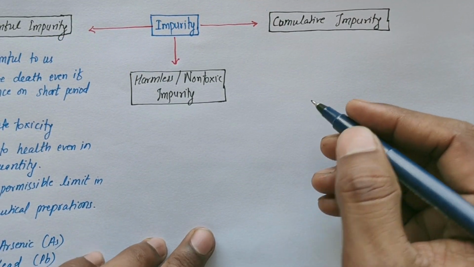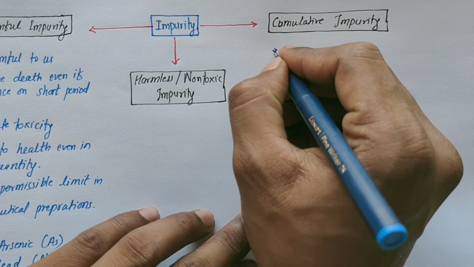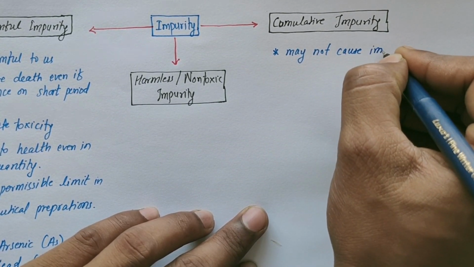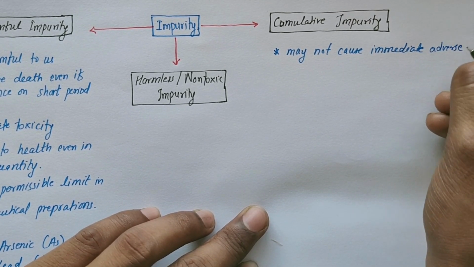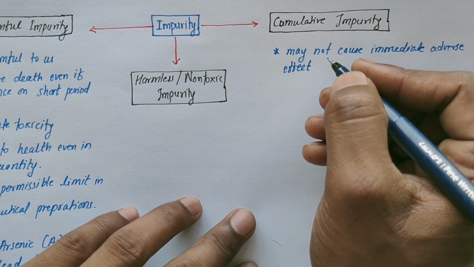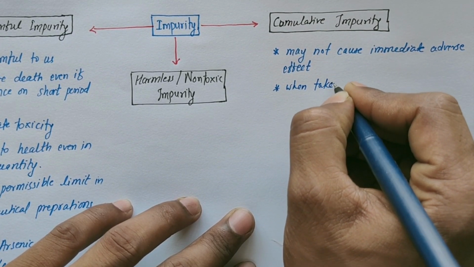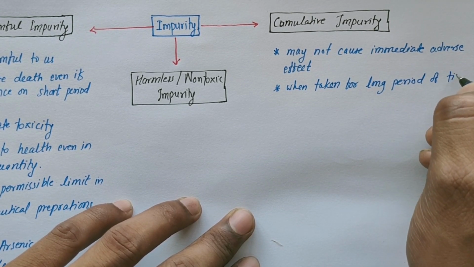Now we will see cumulative impurities. They may not cause immediate adverse effect. If you take it today, it does not mean you will see the effect today itself. The effect may be seen after a few weeks or few months, or even a few years. When taken for a long period of time, it may show toxicity.